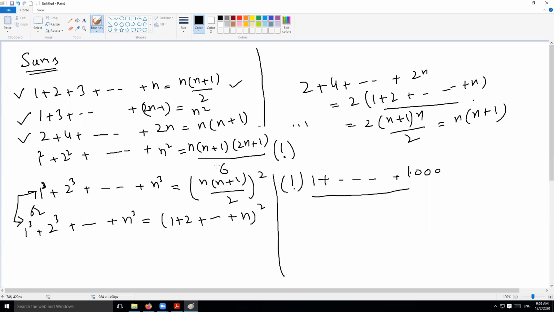These are the sums that you should have in your memory, because they are very frequently used and you need to use them in different places. Is there any question in it?